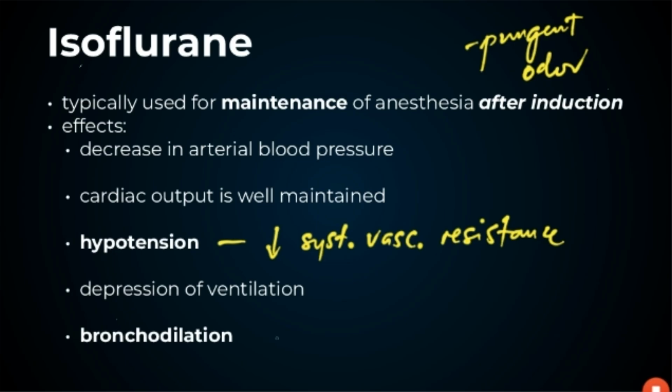It's a bronchodilator. However, it is also an airway irritant and can stimulate airway reflexes during induction of anesthesia. So it produces coughing and laryngospasm. These are some things that the anesthesiologist using isoflurane has to consider in a patient.